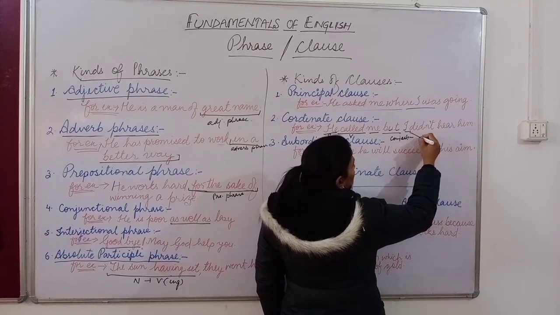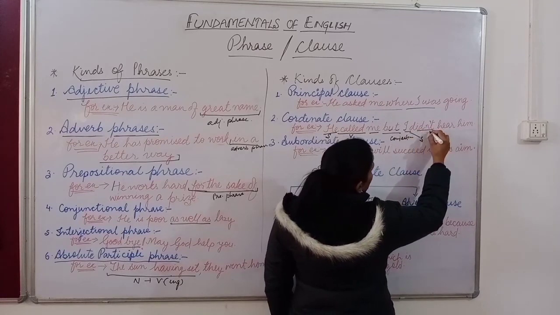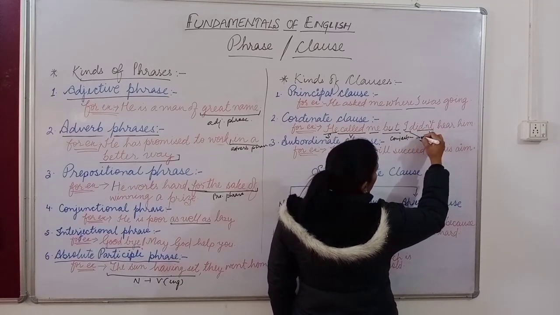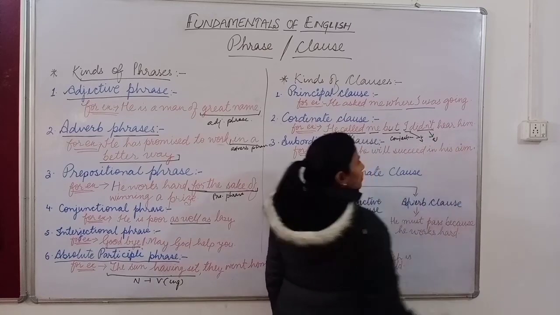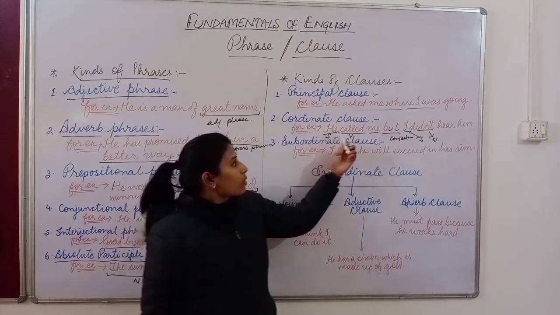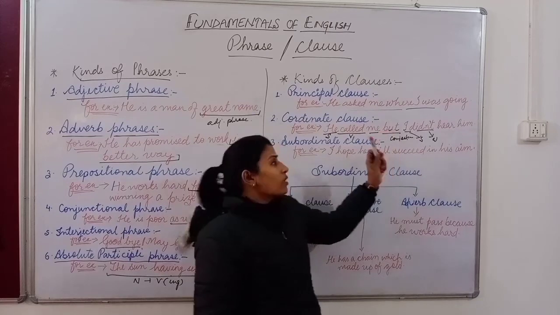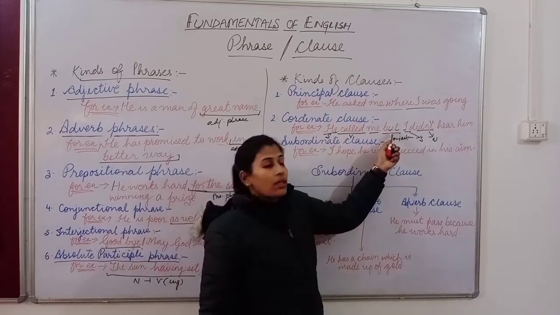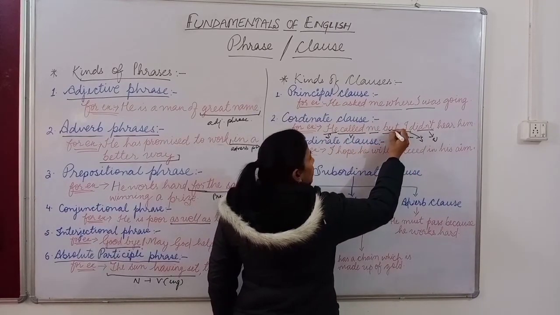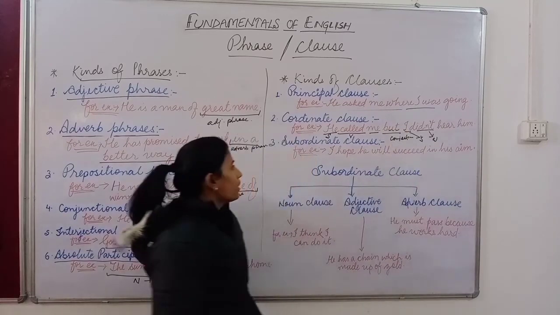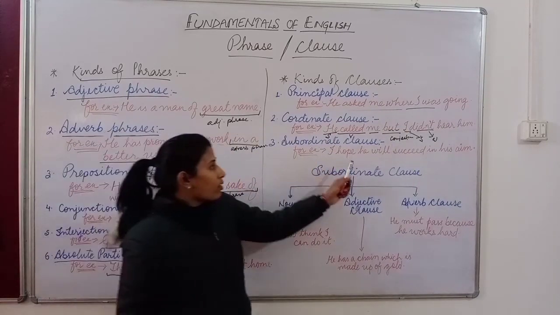I again is the subject, didn't is the verb. So in this sentence, two independent clauses are connected with the help of a conjunction. Next, subordinate clause.